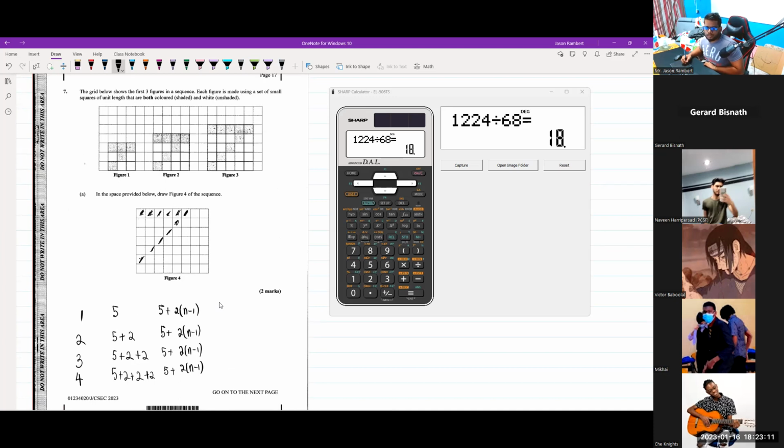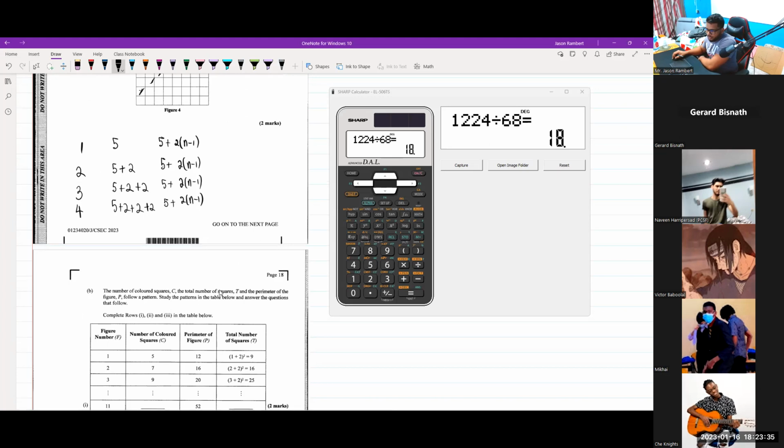Are you cool with that? Are you seeing that pattern? Yes, sir. Because you already had the figure number inside of here, right? 1 minus 1 is 0, 2 minus 1 is 1, 3 minus 1 is 2. Good. All right, so we figured out the pattern for the number of colored squares.